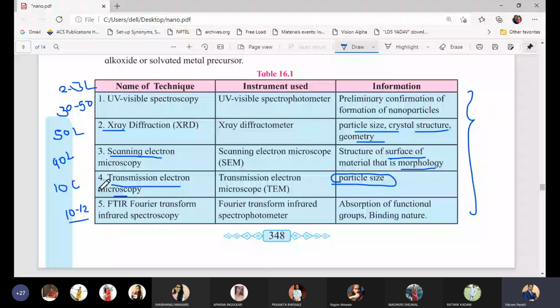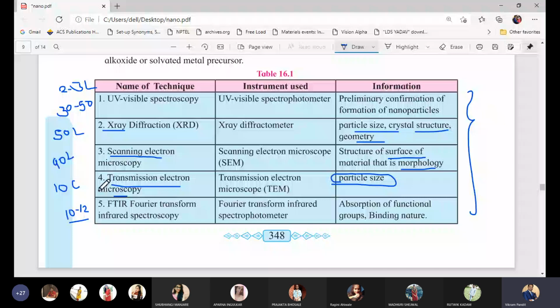But for this you have to go to national institutes like NCL, IISER, IITs, IISc. Those places have this type of SEM and TEM machinery. What is the exact use of the machinery that is shown here?